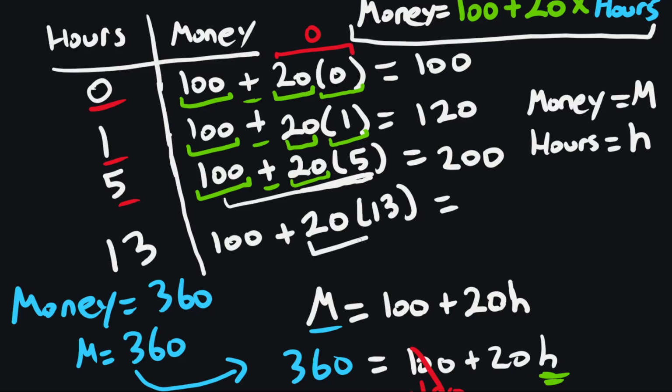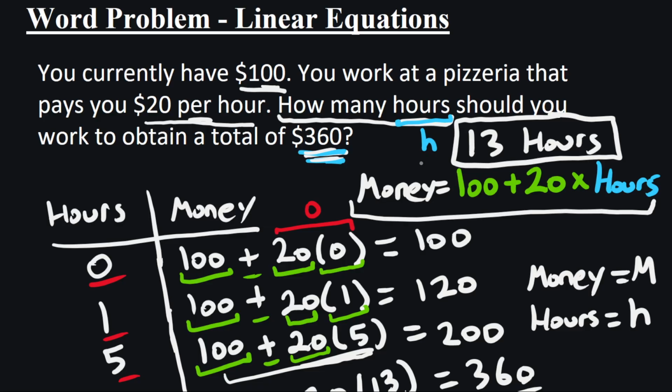And if we evaluate this, what's 20 times 13? 20 times 13 is 260, plus this 100. So 260 plus 100 is 360. And that is absolutely true. If we work 13 hours, we will get $360 in total.